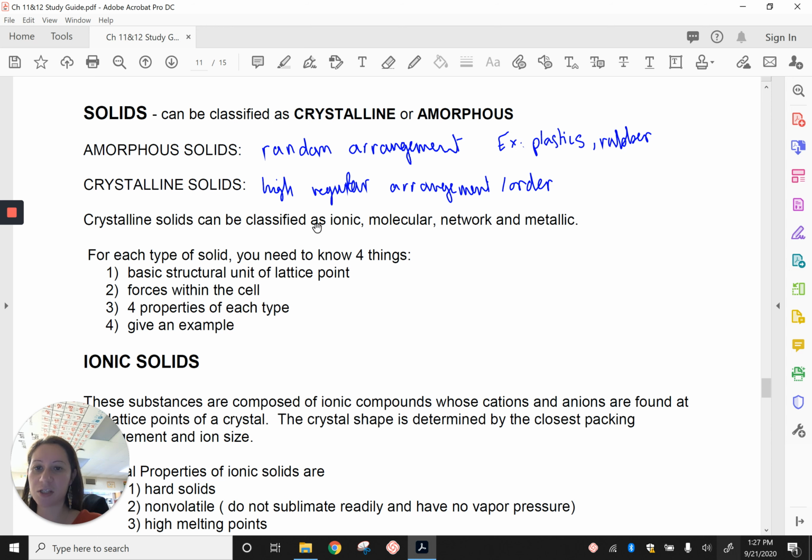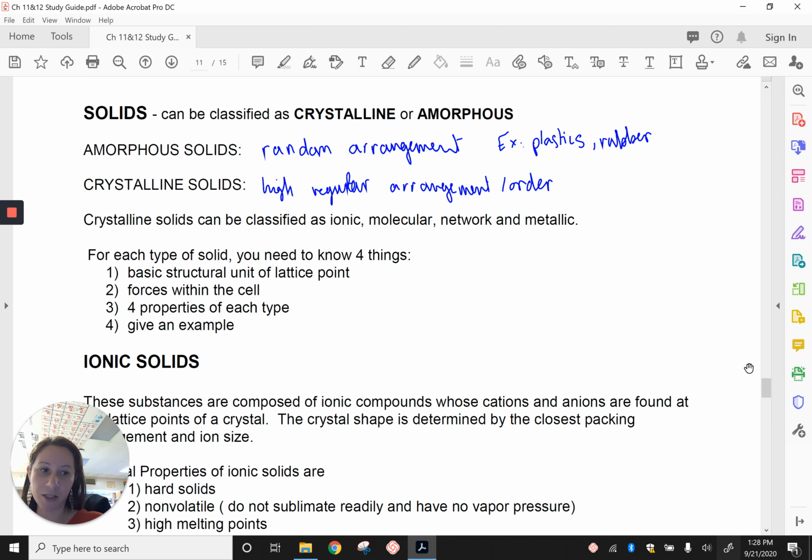For each of these four crystalline types, you need to know four things: the basic structural unit of the lattice point, the forces within the cell, four properties for each type, and then an example. When we say forces within the cell, that means intermolecular forces that are holding your particles together. The basic structural unit of the lattice point is what is at the points of the crystal lattice.